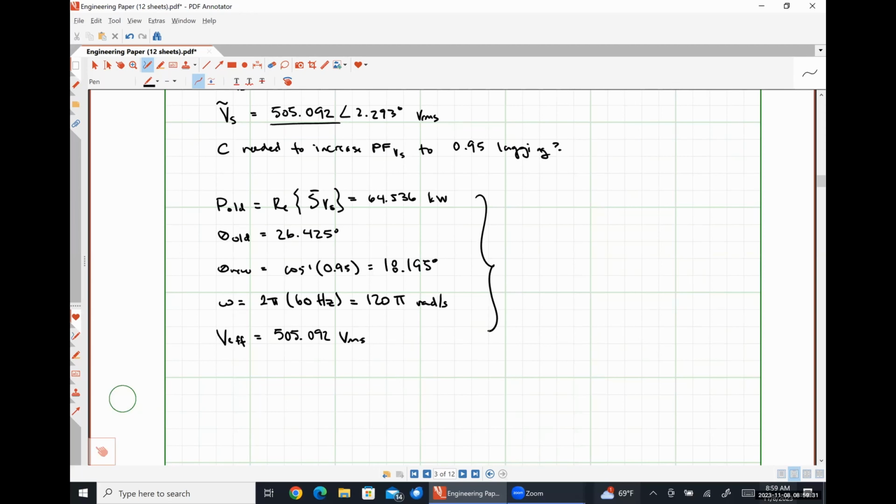I'm dealing with watts so that my units will come out okay, times the tangent of 26.425 minus the tangent of 18.195, divided by 120 pi times 505.092 squared. I get C to be equal to 112.906 microfarads.